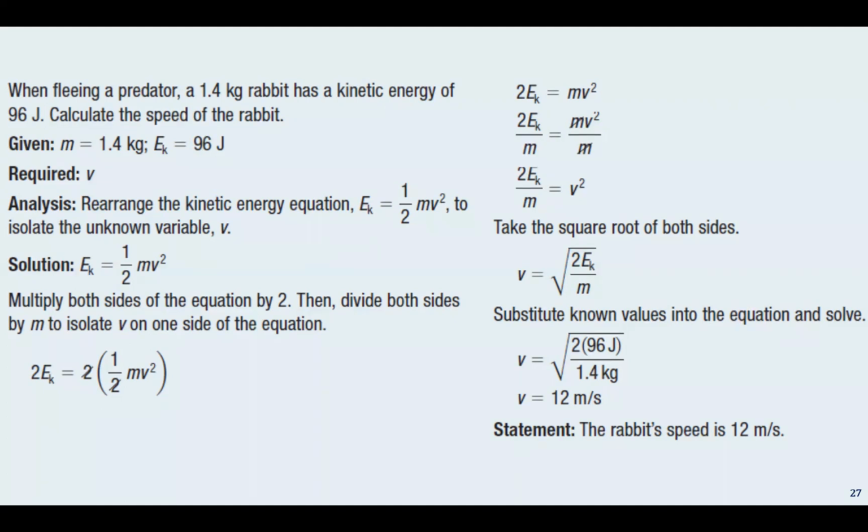So v equals the square root of 2 EK over m, right? And then put all the values in. We have the speed of the rabbit is approximately 12 meters per second. Okay, do you have any questions?